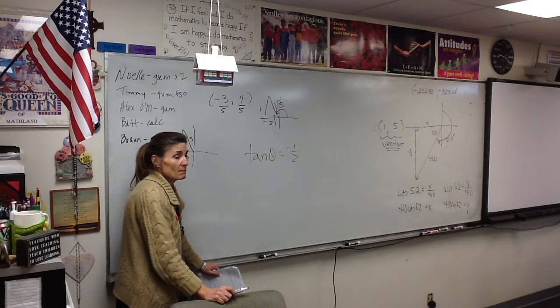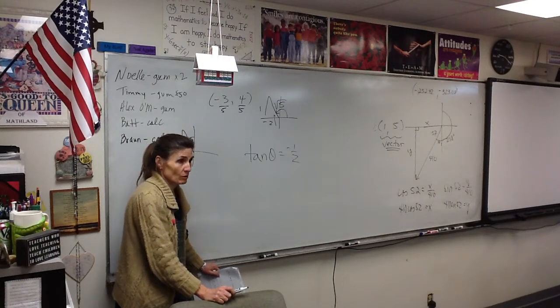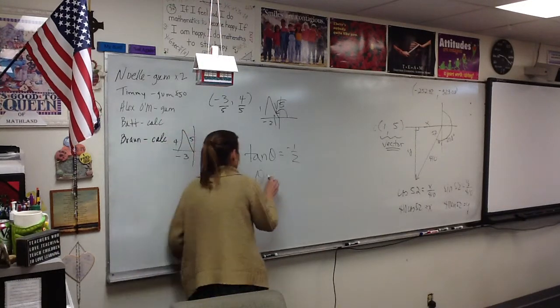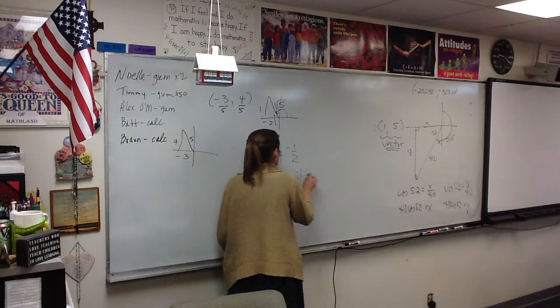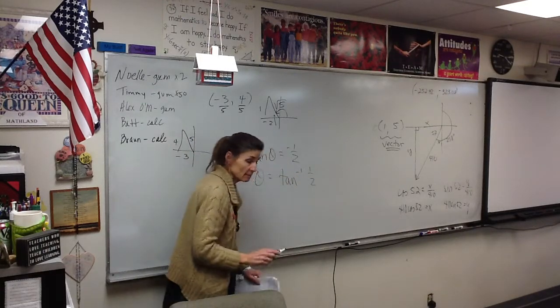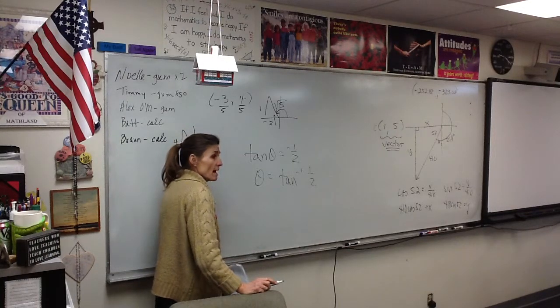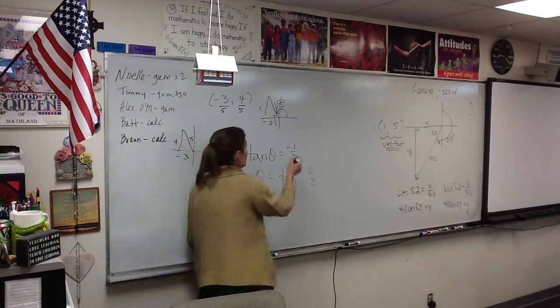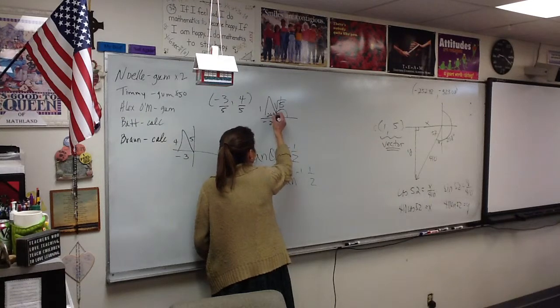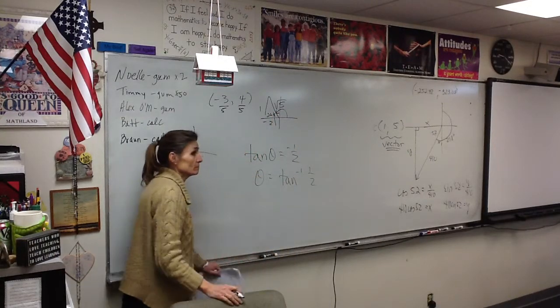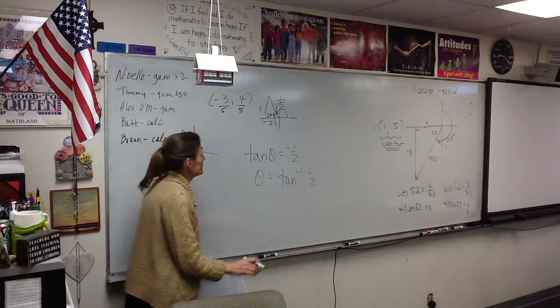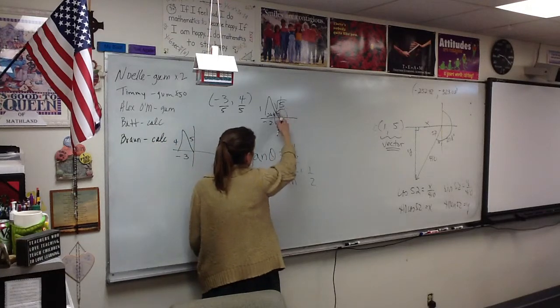Now, what do I type into my calculator to get the angle? And like I said, I don't even put in the negative. What do you get when you second tangent 1/2? 26.6? So Kaylin, this is the angle that I want right here.